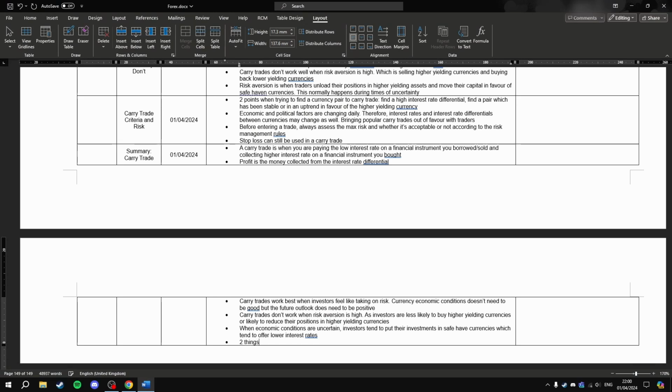Two things when trying to find the currency pair to carry trade.